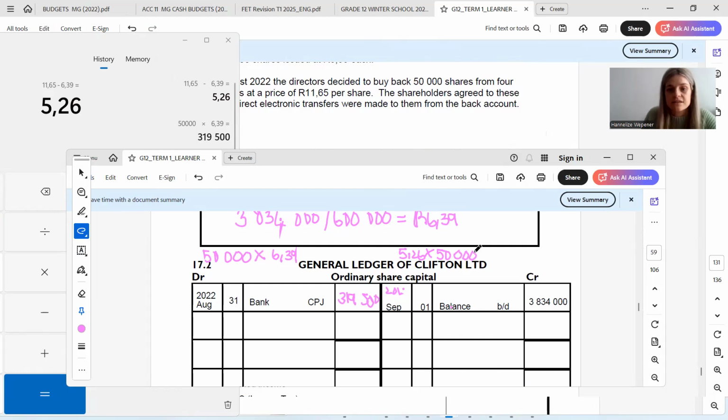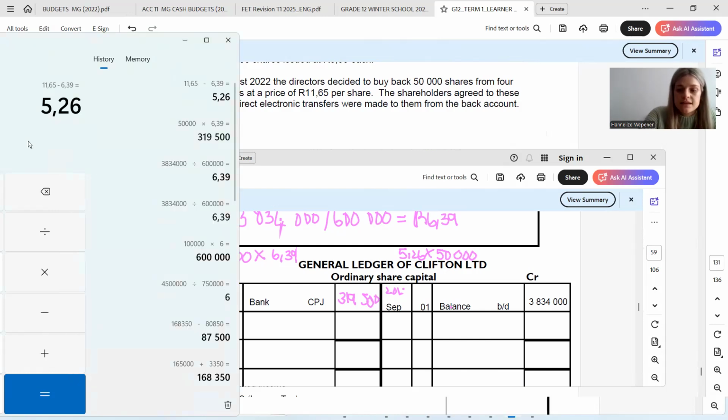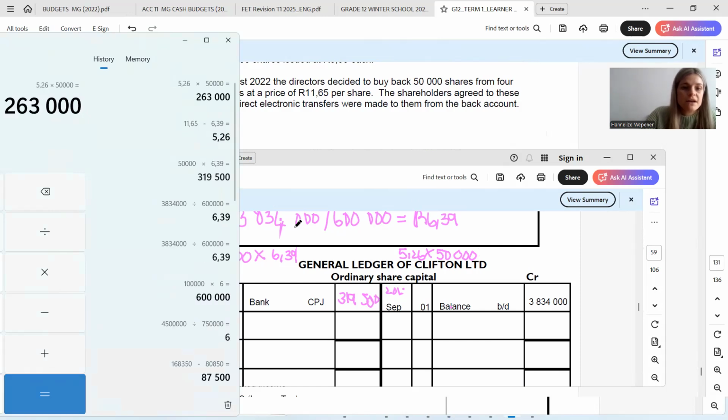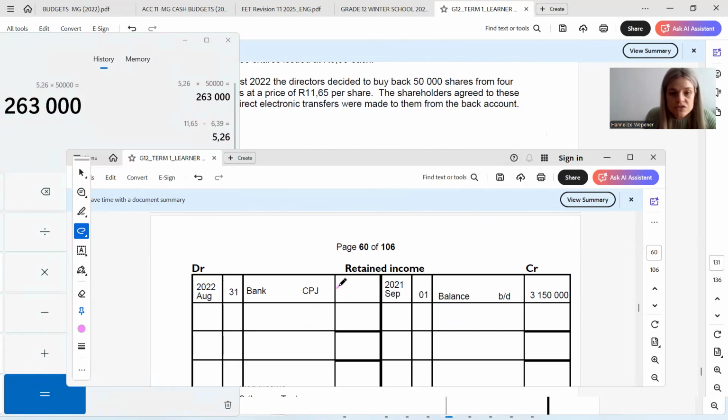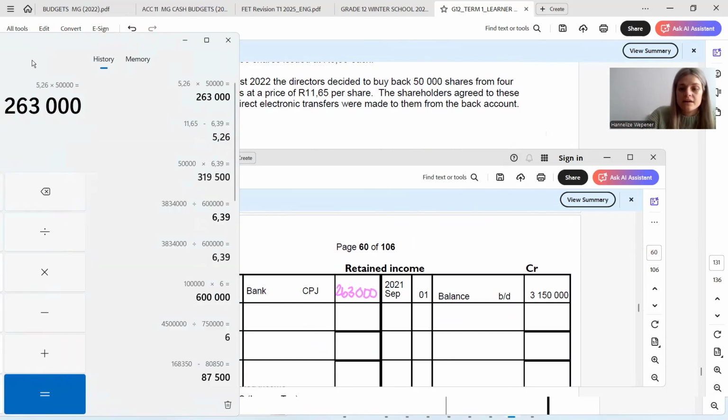So times 50,000. So from my retained income, I had to take 263,000 Rand. Okay. So the total amount that I paid was R11.65 times 50,000 shares.